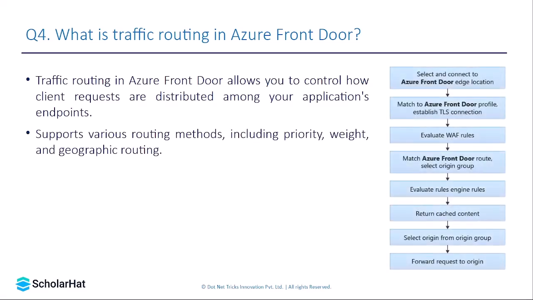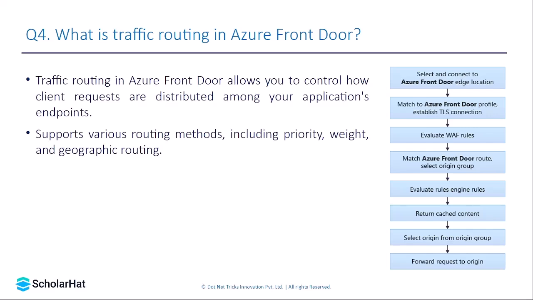In simple terms, with the help of Azure Front Door, we can enable and disable different routing techniques, and we can hit only those backend servers which are required for our client endpoints. Traffic routing in Azure Front Door supports four methods. The first is latency, second is priority, third is weighted, and the fourth is session affinity or geographic routing.